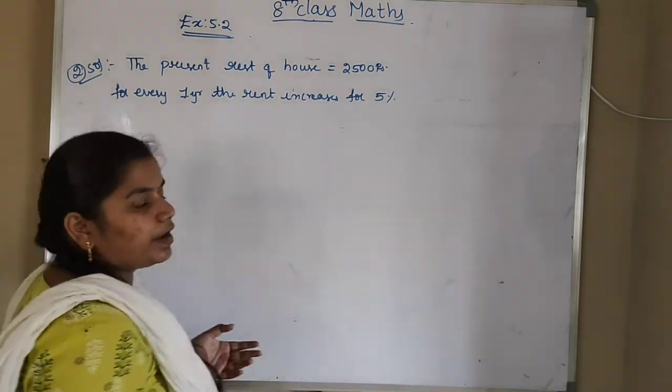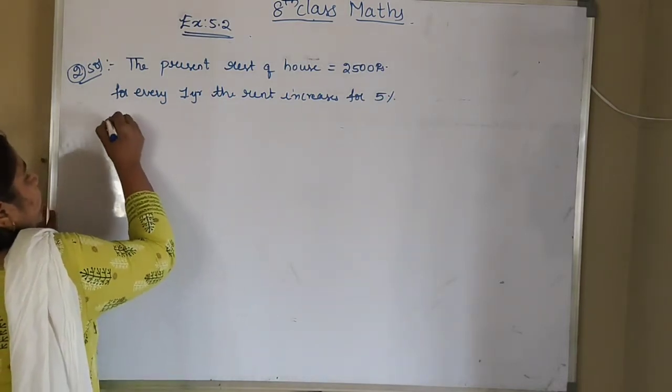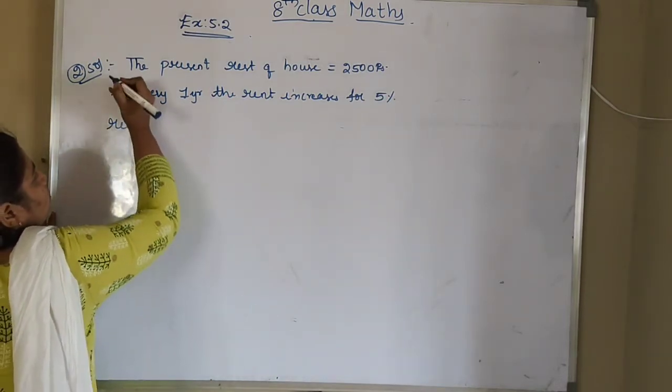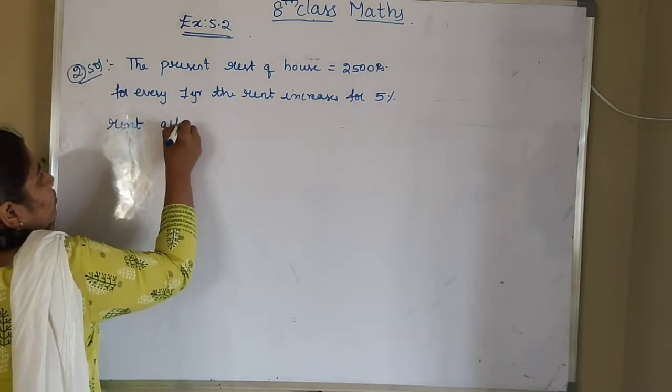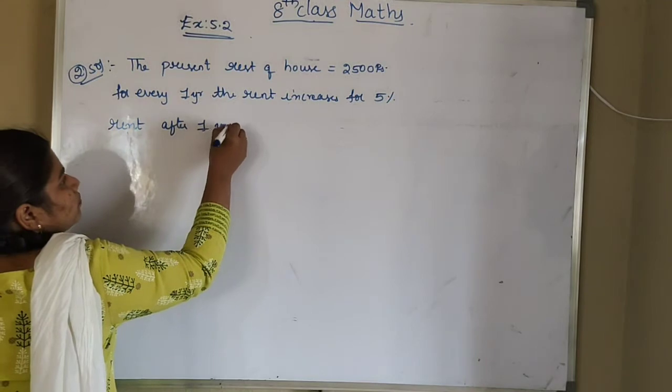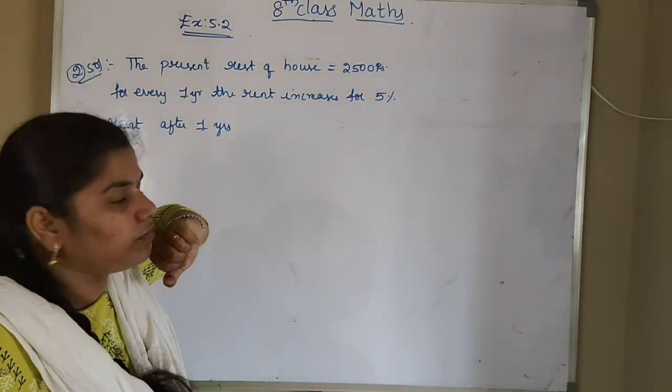So first we will find for 1 year. After 1 year, what is the rent we will find. So what is 5% of this value we have to find first.